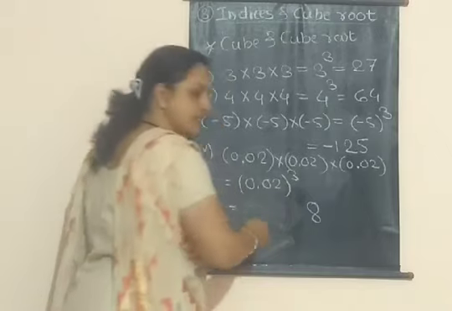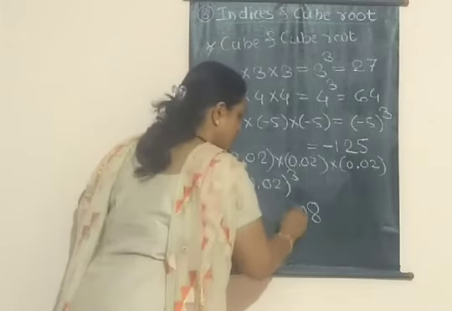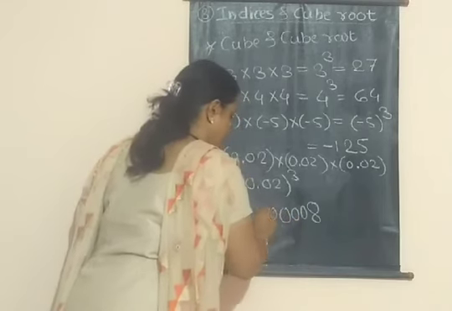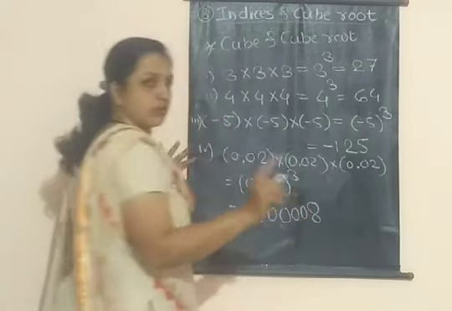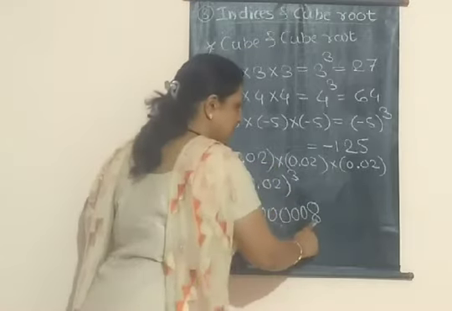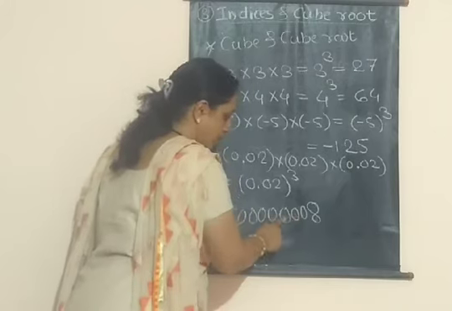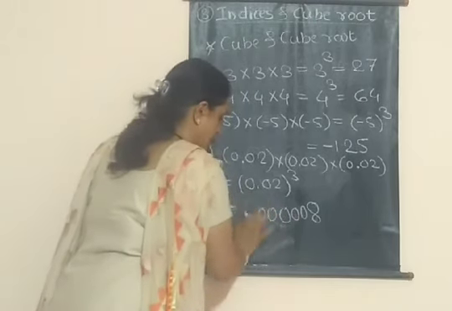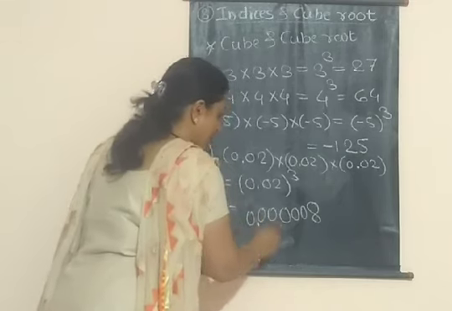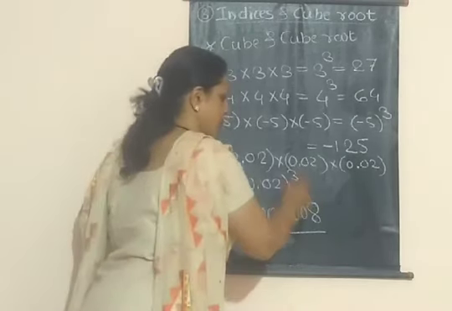Now there are no digits in front of this, so let us write 0 here. So first write 0 and then count. We have to leave 6 digits. So start from here 1, 2, 3, 4, 5, 6, and then give the decimal point here. So we will get the answer 0.000008.